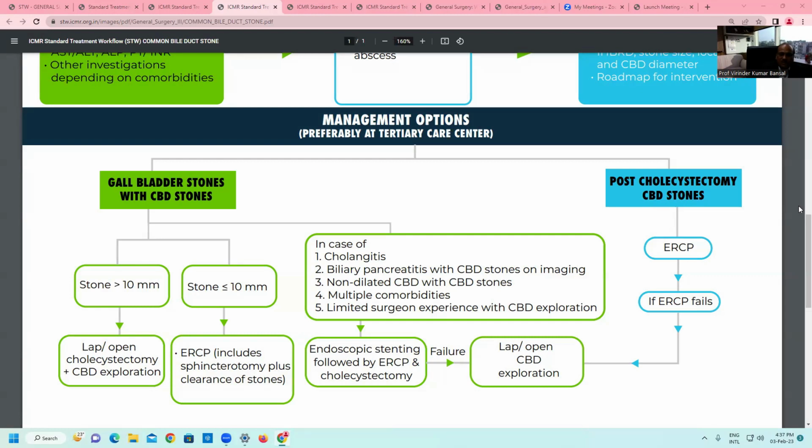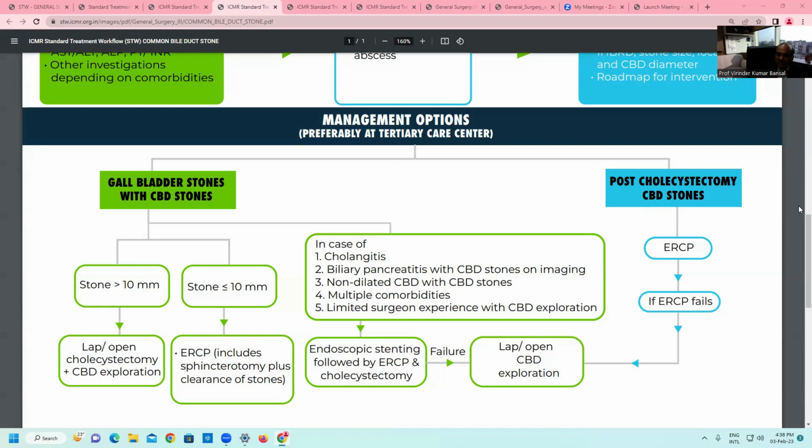I think we need to correct it. This is not the stone size. This is the CBD diameter actually, which should be there. I'm really sorry if it somehow got missed in the final proofreading, but this needs to be the diameter of the CBD. So if the CBD diameter is less than 10 millimeters, then ERCP first and then a cholecystectomy.